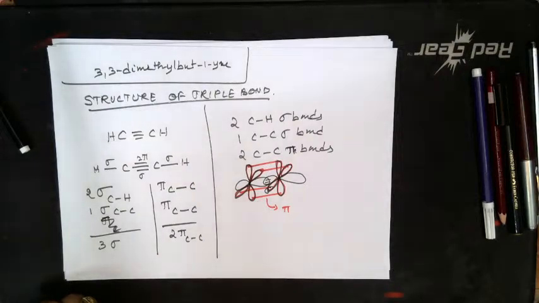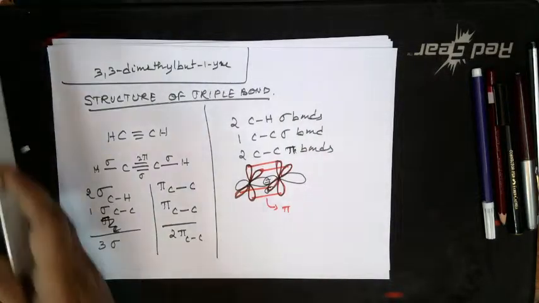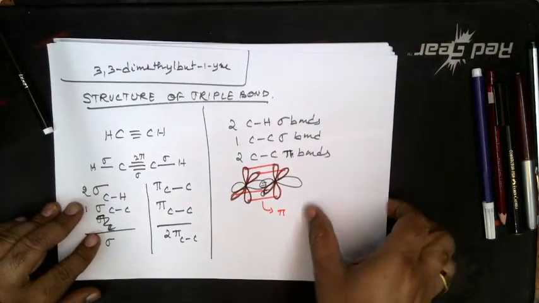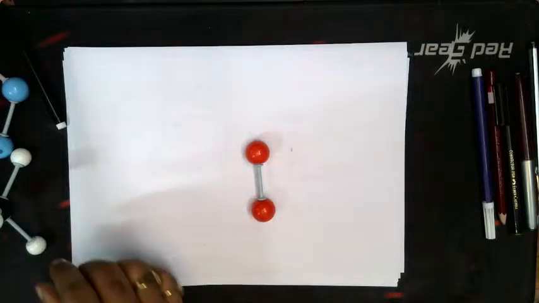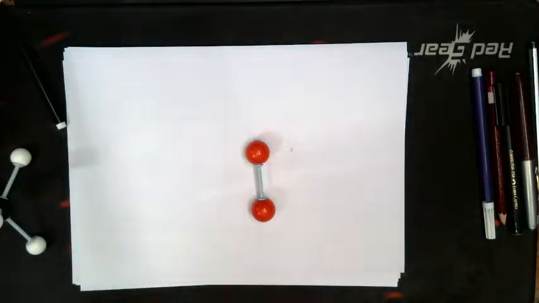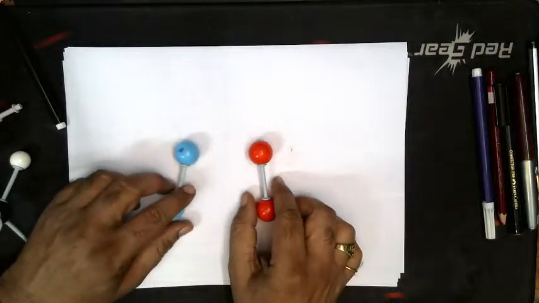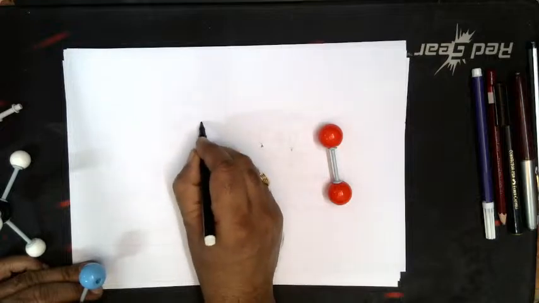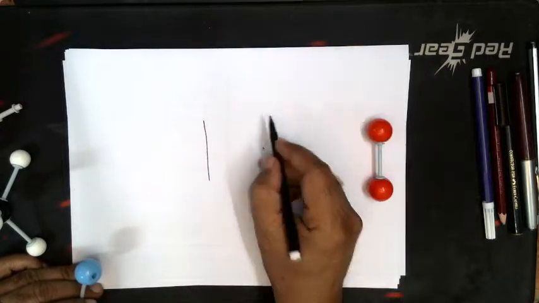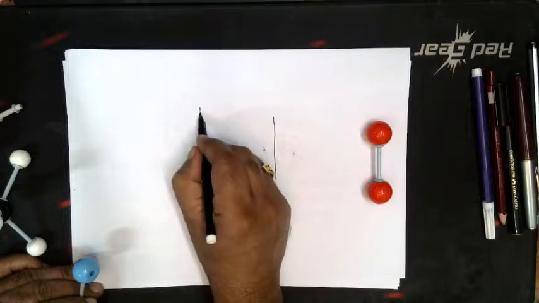Now I will show you with some models also. Let us take this one. Okay, now listen to me. I have two pi bonds. Let me indicate them with two different colors. The z-axis is vertical. This is pz.